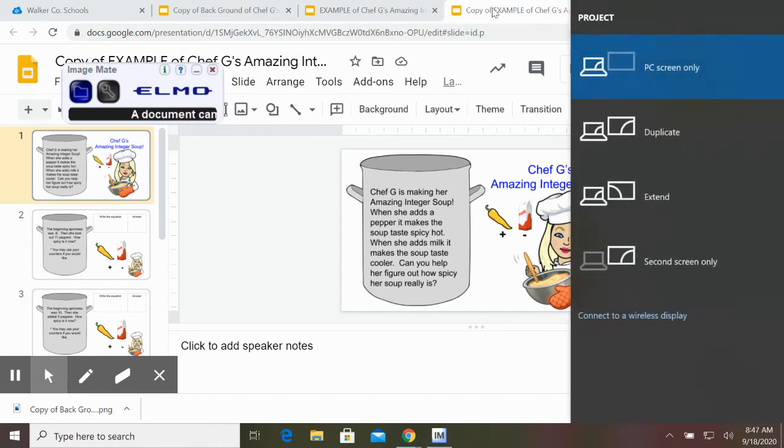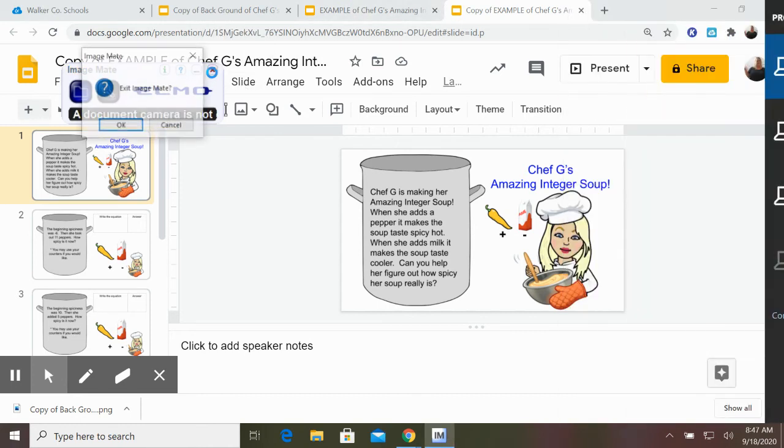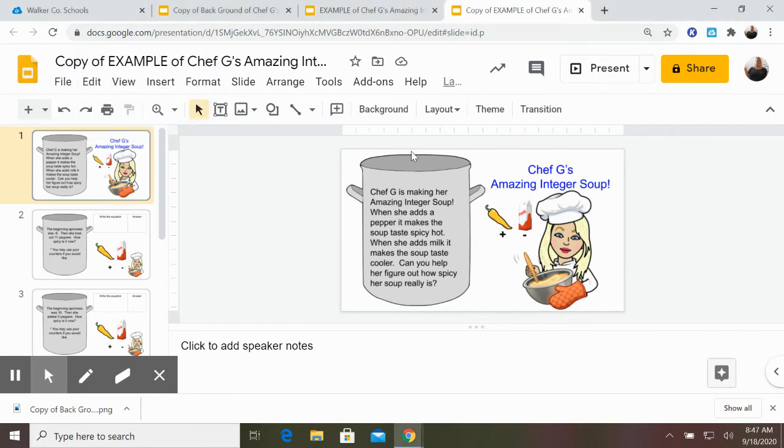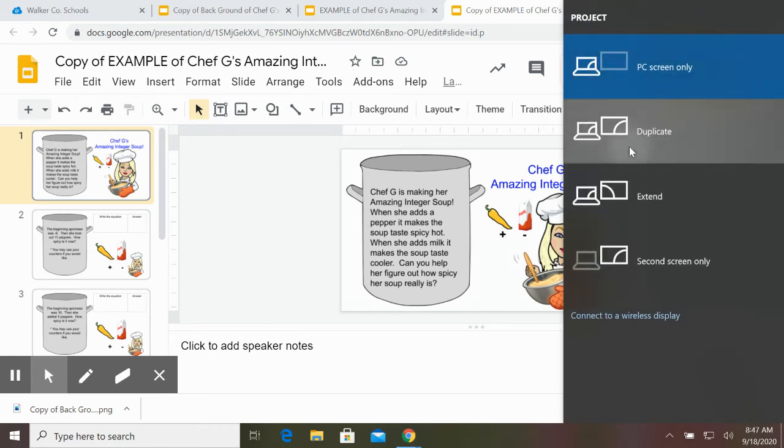I may need to do this since I was using my Elmo as a document camera. Duplicate for my people in my class. Why is it not duplicating?